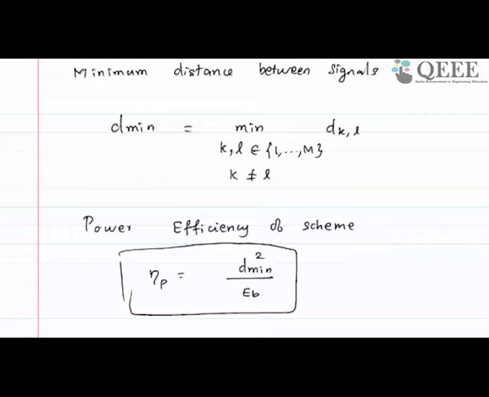The ratio between the distance and the average energy per bit is called the efficiency: how efficient your scheme is with respect to using power. When I am spending this much energy, I also want a certain minimum distance. So this ratio between the distance and the energy is called the power efficiency of the scheme.